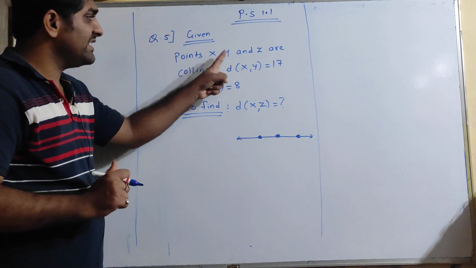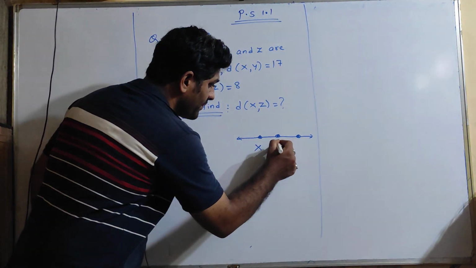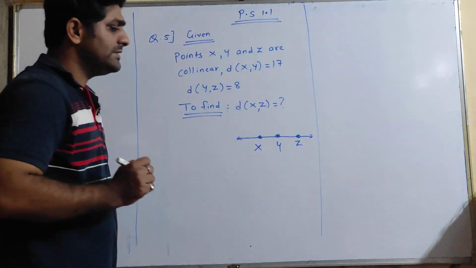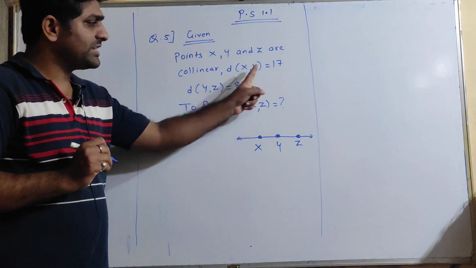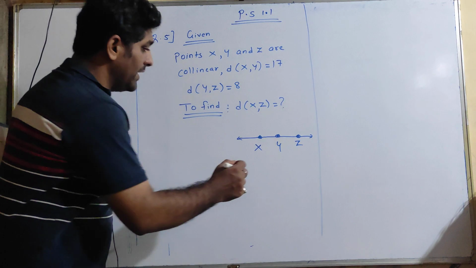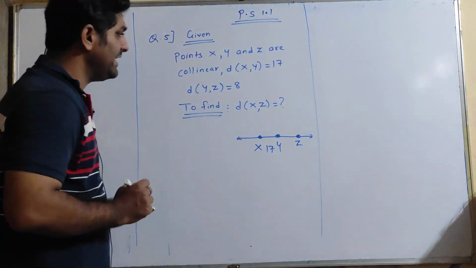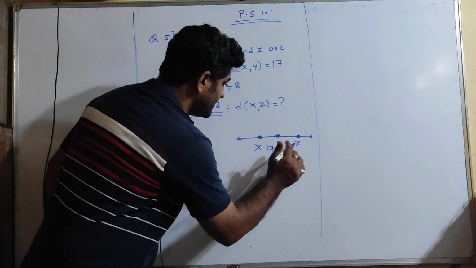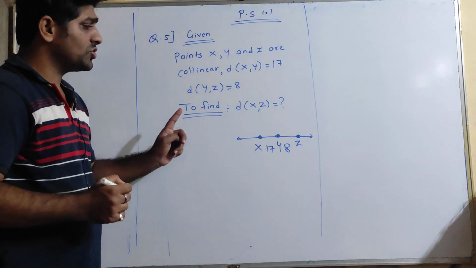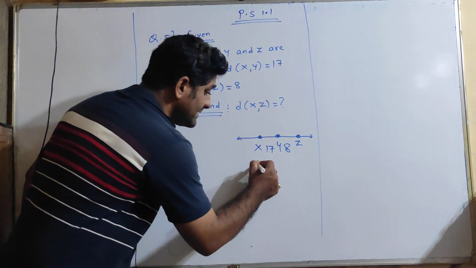So let's arrange these points now: X, Y and Z. Now let's substitute the values they have given. XY, they have given you 17. YZ, they have given you 8. They asked you to find distance XZ.